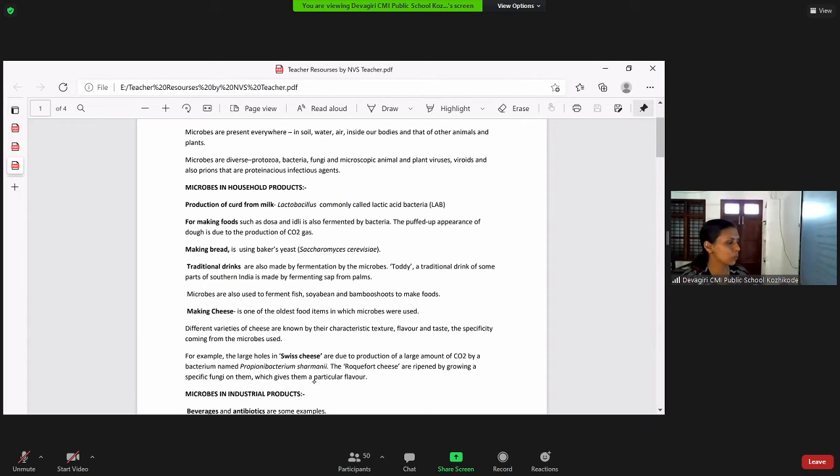One is the Swiss cheese, which has large holes, due to the production of a large amount of carbon dioxide. The bacterium used is Propionibacterium shermanii. Similarly, the Roquefort cheese is ripened by growing specific fungi, Penicillium roqueforti, which gives it a particular flavor.